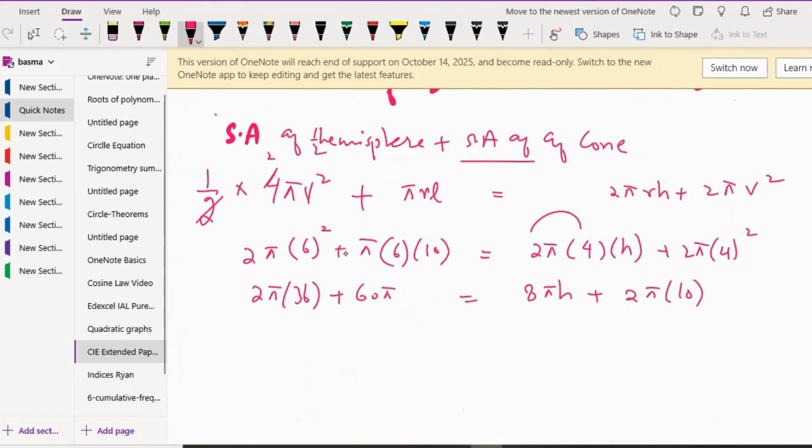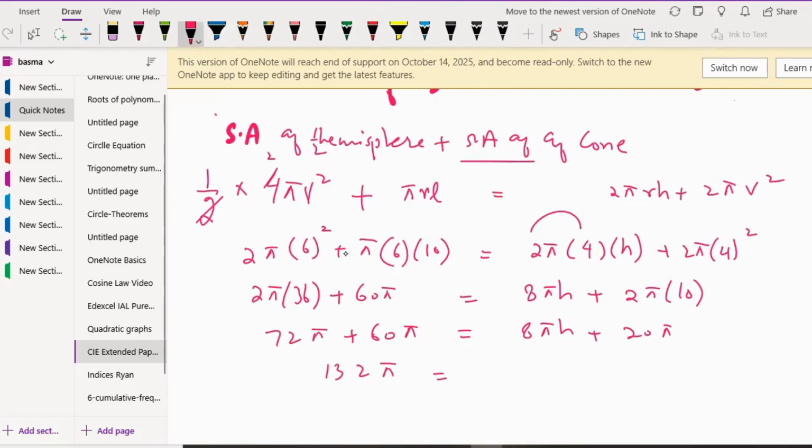2 times 36 is 72 pi plus 60 pi equals 8 pi h plus 2 times 16, which is 32 pi. 72 pi plus 60 pi will be 132 pi.